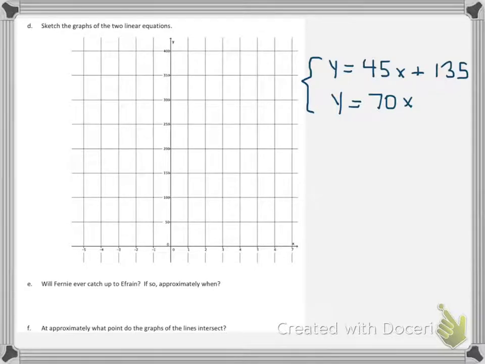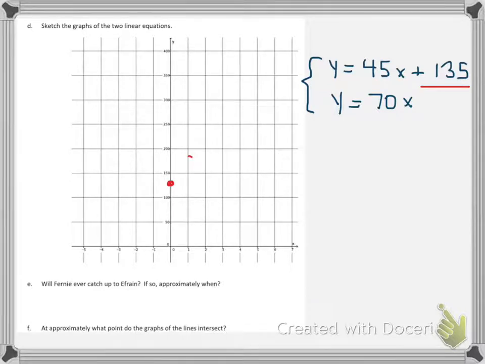So I'll start with the first one. I'm going to cross the y-axis at a positive 135. And if I find that 135, it's going to be somewhere in there, somewhere close to that. And then up 45, right 1. So if I'm at 135, another 45 up would be 180, which is going to be in this area, and then right 1.